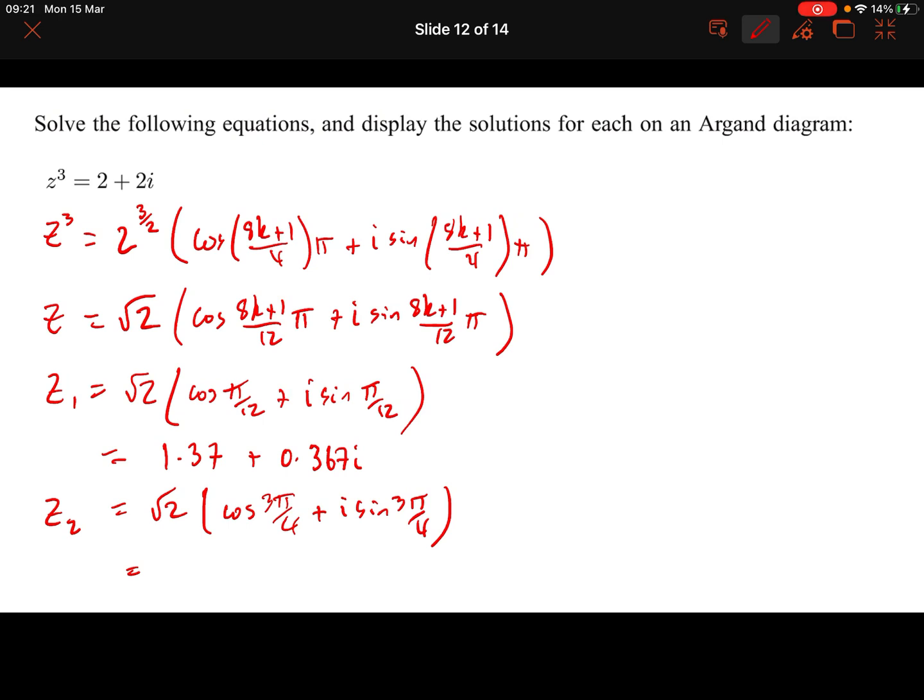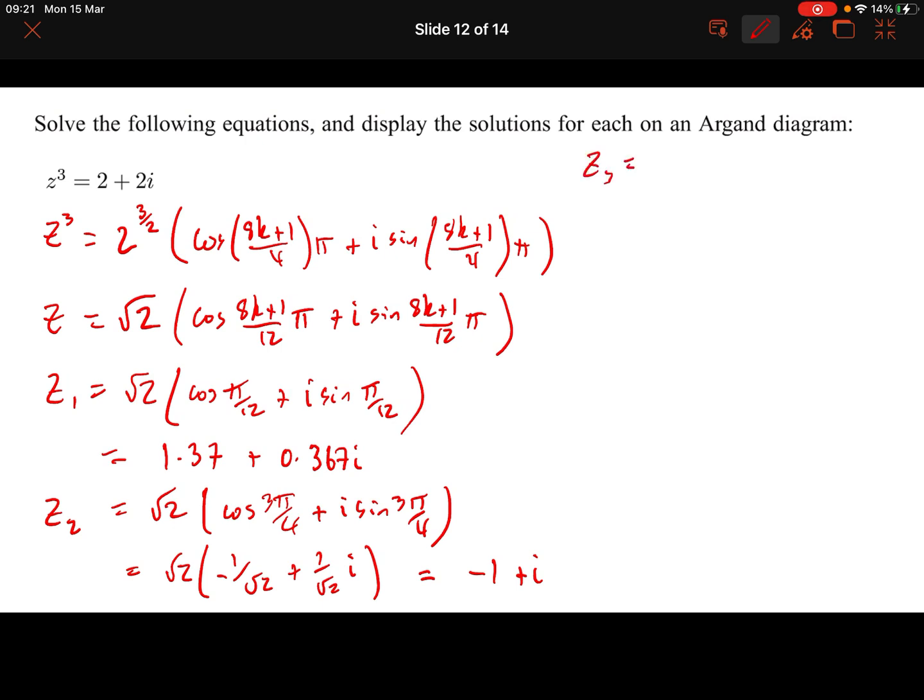But cosine of 3 pi over 4 is negative 1 over root 2, and sine of 3 pi over 4 is positive 1 over root 2, so that's 1 over root 2 i. That will simplify down to negative 1 plus i.